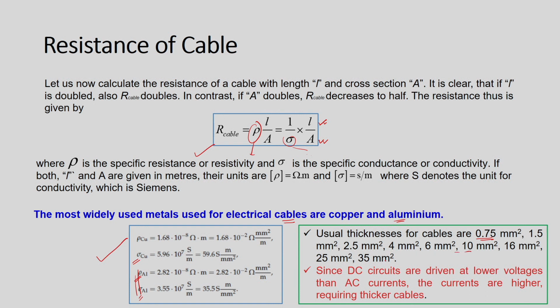One very important observation is, since DC circuits are driven at lower voltages than AC, the currents are higher, requiring thicker cables. So, you should keep in mind, for DC we need thicker cables.